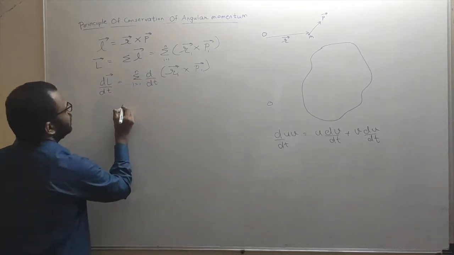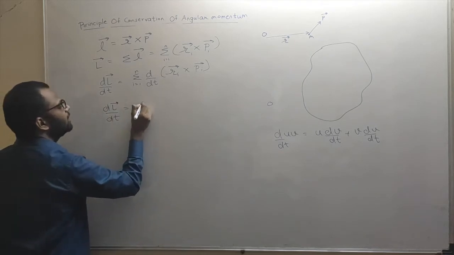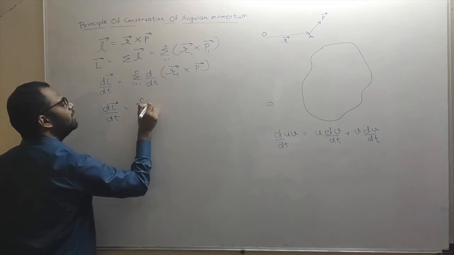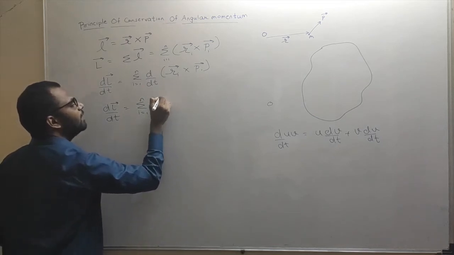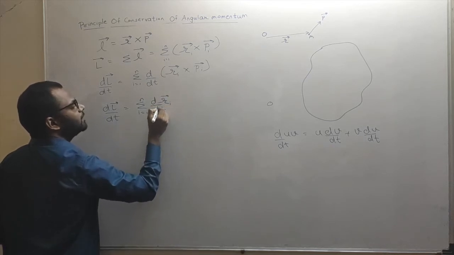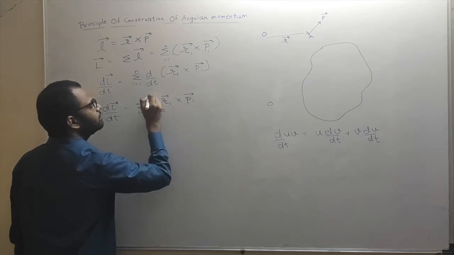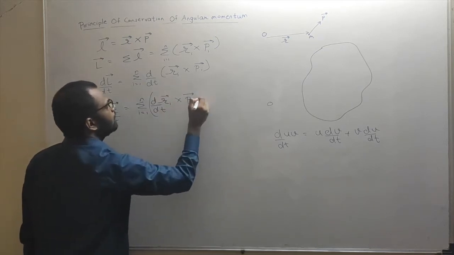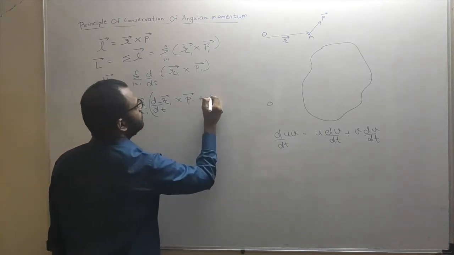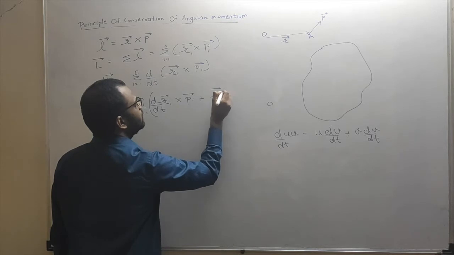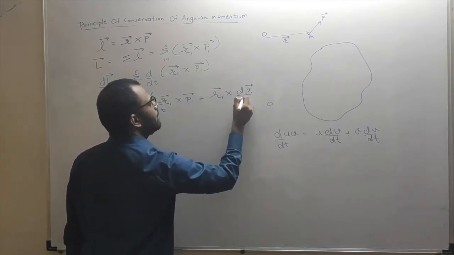So dL by dt is the summation, i varies from 1 to n, of dri by dt, the derivative of the first term, cross the second term, plus the first term cross the derivative of the second term.